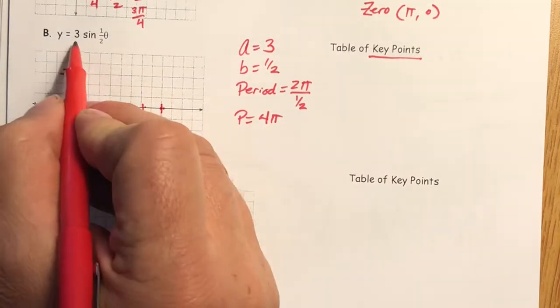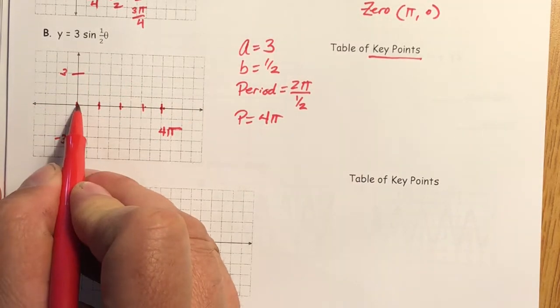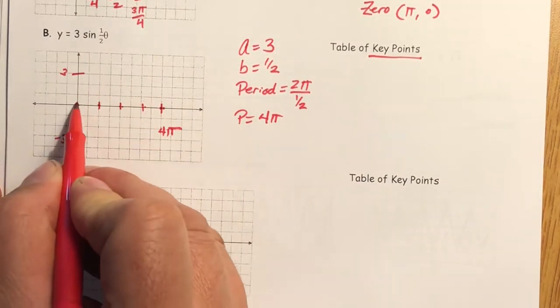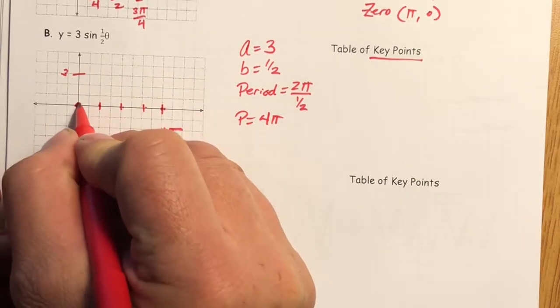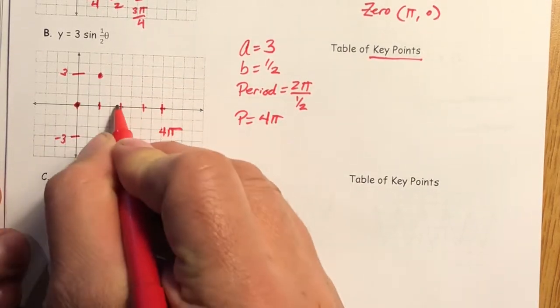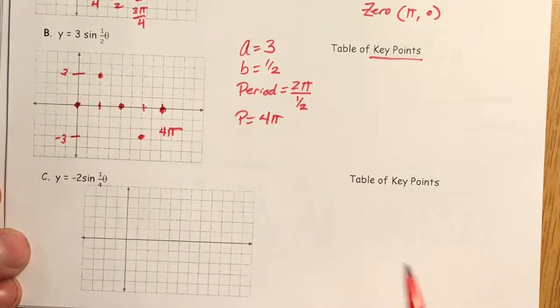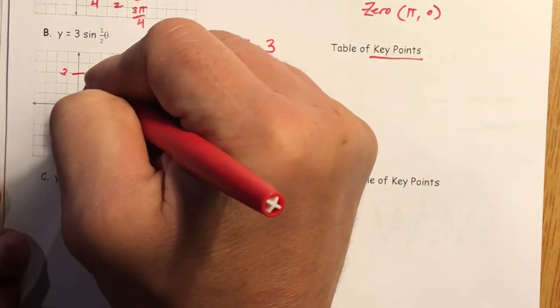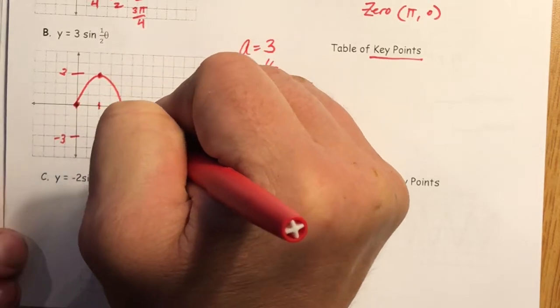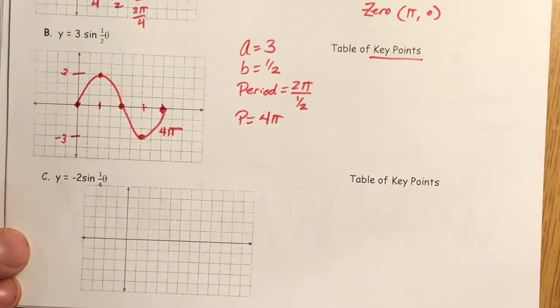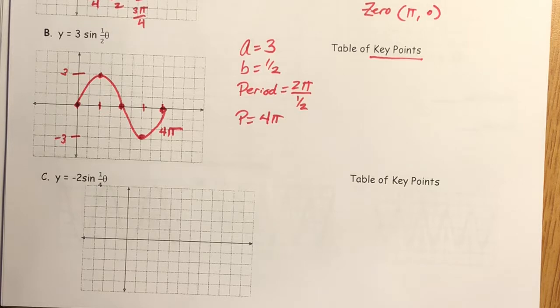So remember, this is a sine function, starts at the origin, and we start the 0 here. So we're gonna go 0, max, 0, minimum, and 0. And then all you gotta do is just take your artistic abilities and draw that sine function in, okay?